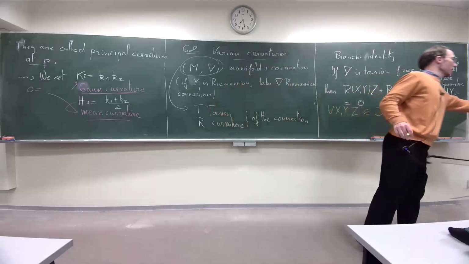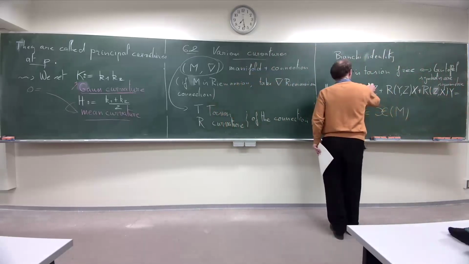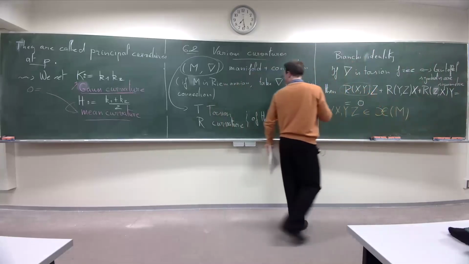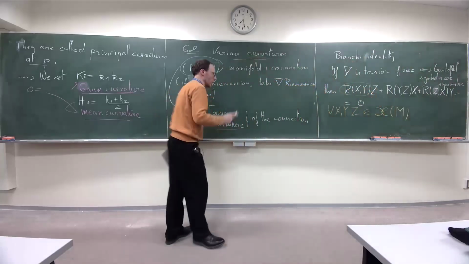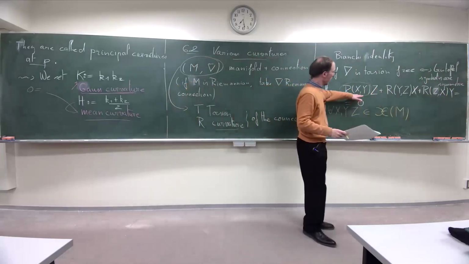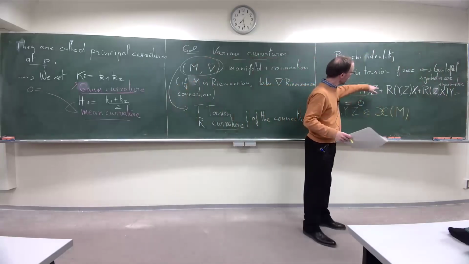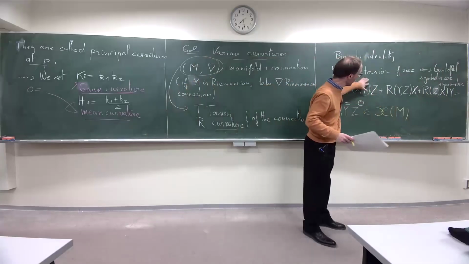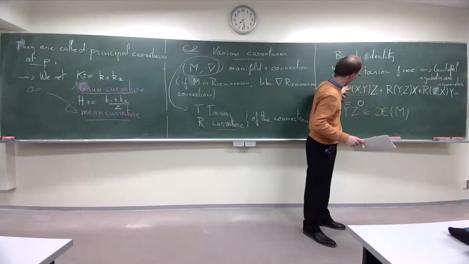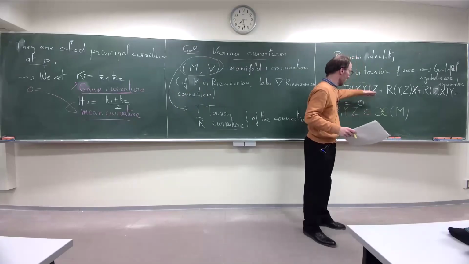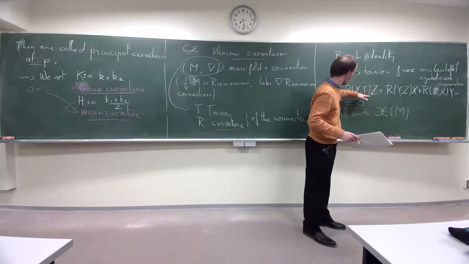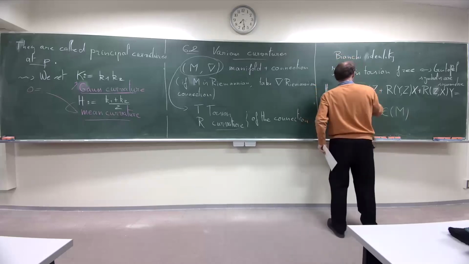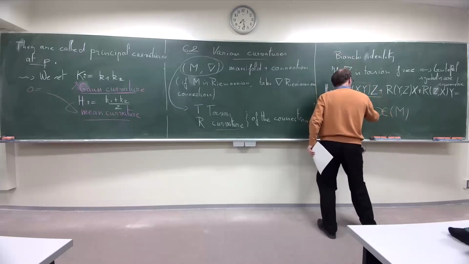So what is it? This R is precisely what we define as the curvature, but we have seen it's a complicated object and you need to apply it to a vector field. I call it an endomorphism of the tangent space, an endomorphism of this vector field. So when you apply it, this is a new vector field.